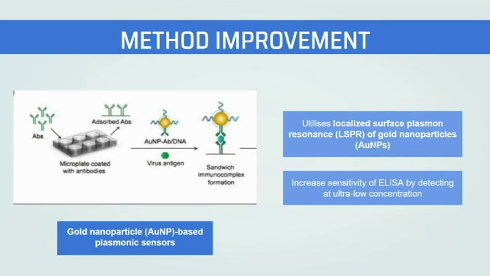So it will produce a very bright light that can be detected, and from the intensity of the light you can measure the amount of antigens or proteins bound to the antibody. Hence, the bright light can increase the sensitivity of ELISA by detecting at ultra low concentration.